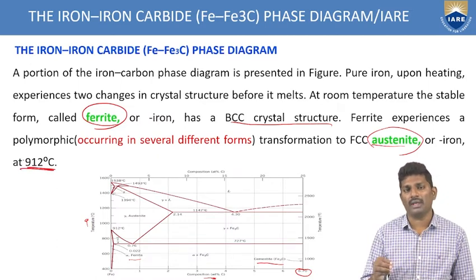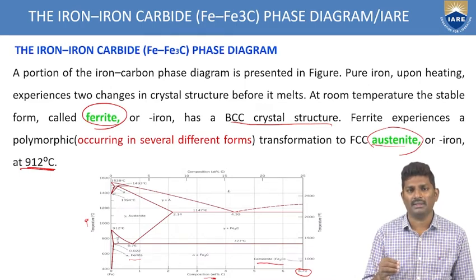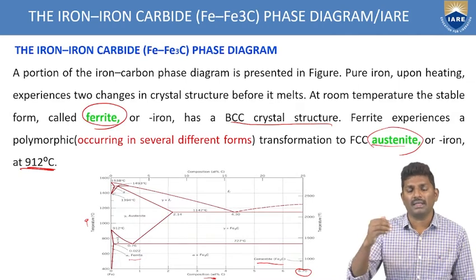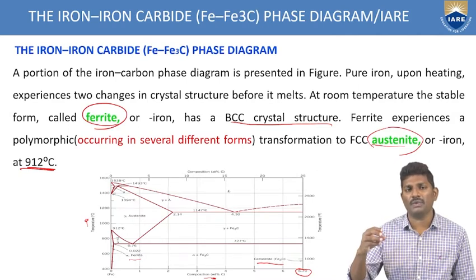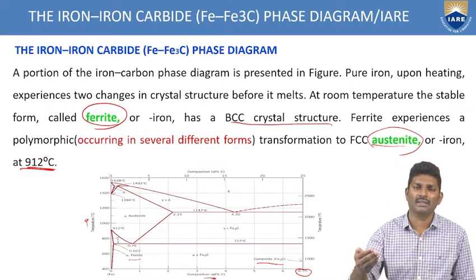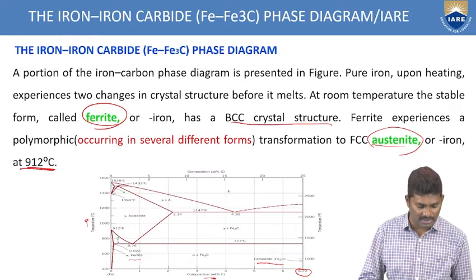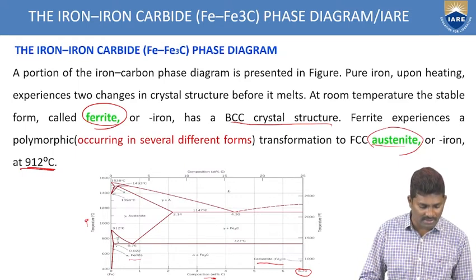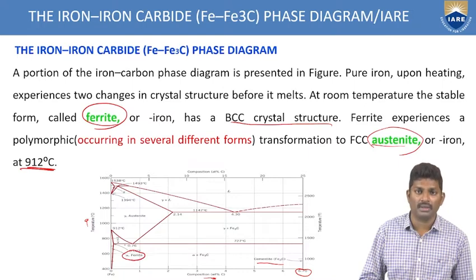So at room temperature, we have ferrite, that is the iron, which is having BCC. Now, since it is heating, after reaching 912 degrees centigrade, this ferrite is converting to austenite, which is having the FCC phase structure. So you can see here, at room temperature, we have ferrite.